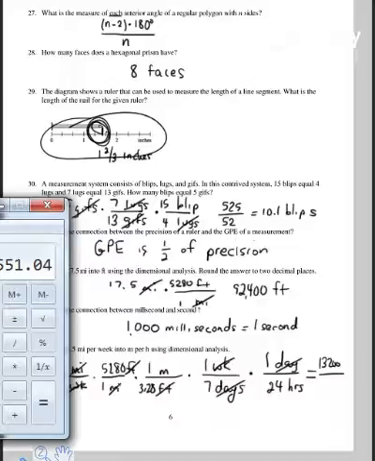It's 551.04, and that's going to be approximately 23.95 meters per hour.